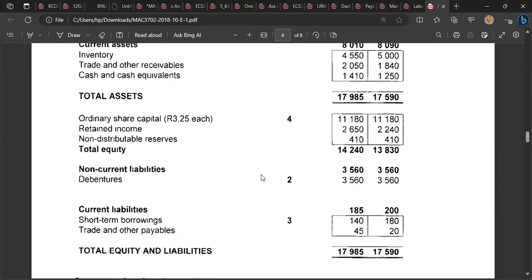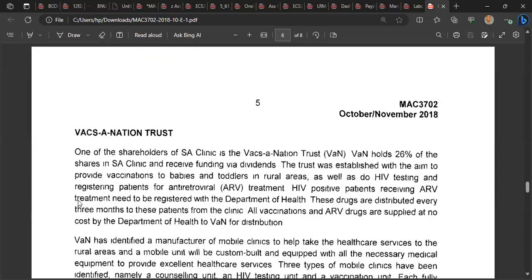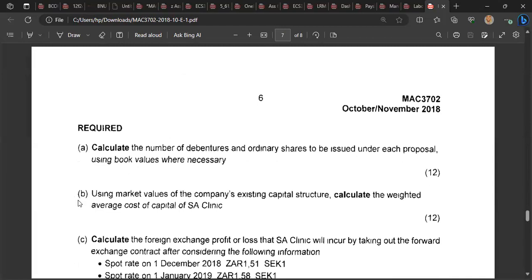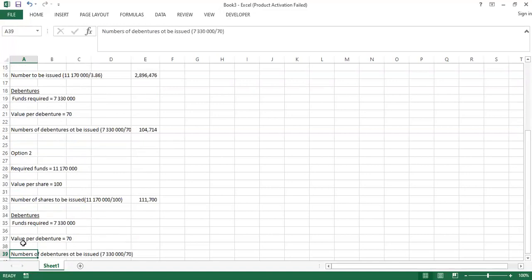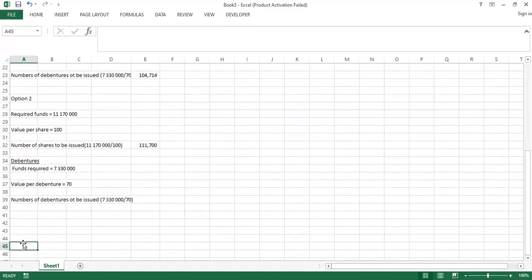To get those weightings, we need the market values, since they indicated that we must make use of market values. Right. So if they didn't indicate what we should make use of, then you will use the target structure. Because we are given that, but we are specifically asked to make use of the market values, then we will do that.